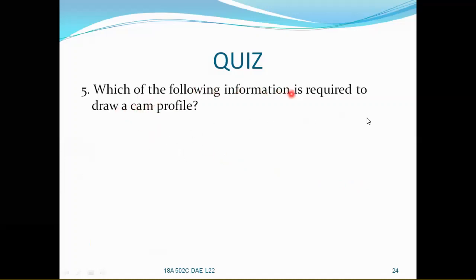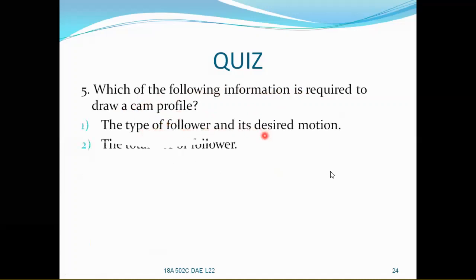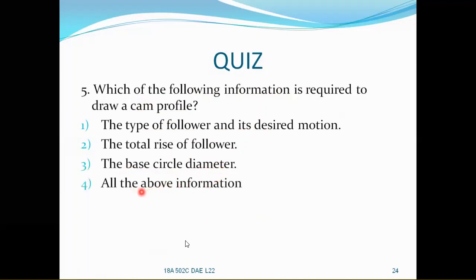Which of the following information is required to draw a cam profile? The type of follower and its desired motion, the total rise of the follower, the base circle diameter, all the above information is required. Which is the right answer?